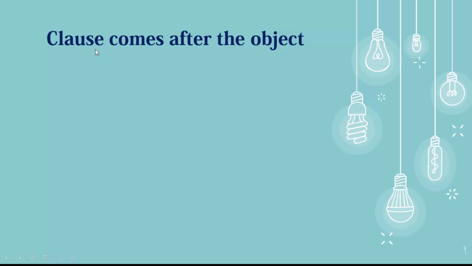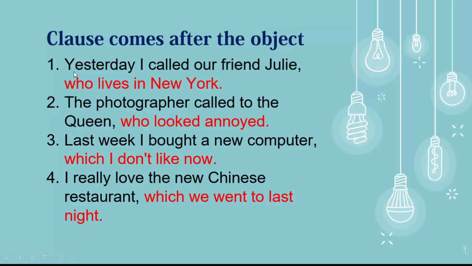Next one is when a clause comes after the object. Look at this. Number 1, yesterday I called our friend Julia. So you can use the clause with one comma because it is at the end, it is the object. So you use relative clause to explain our friend Julia. Our friend Julia lives in New York.